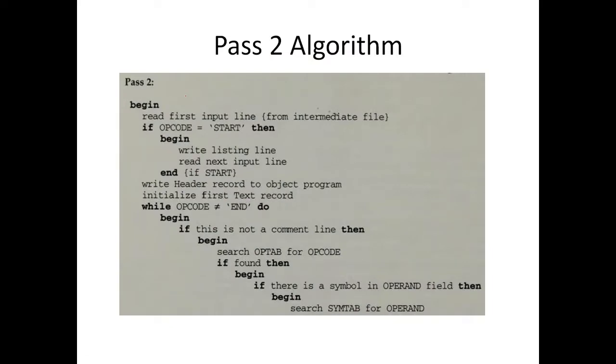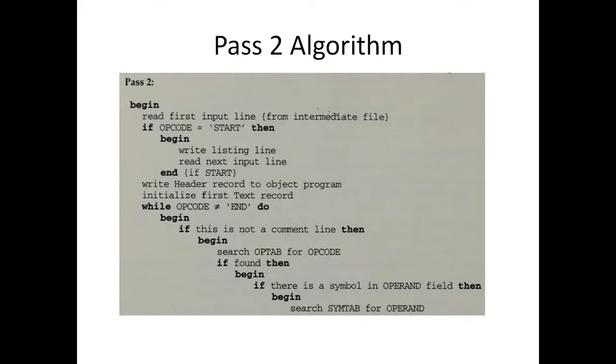In the pass two algorithm, it makes use of the symbol table which was generated in pass one, and it assembles the instructions and translates the operation code into object code.